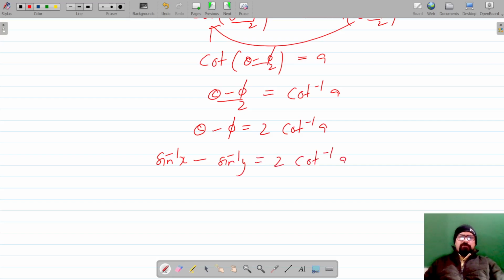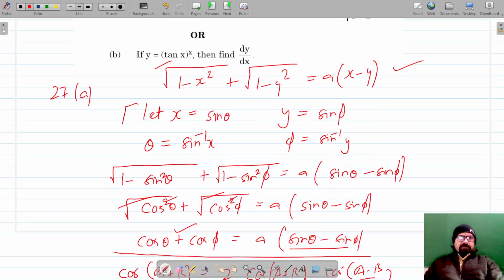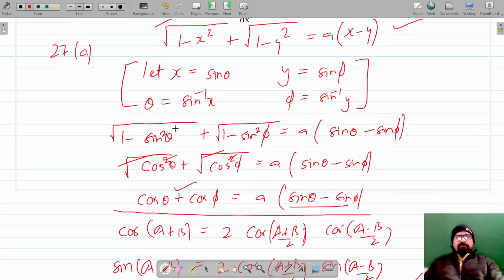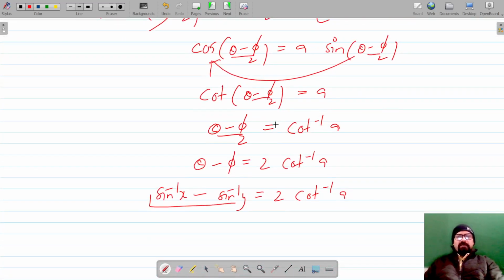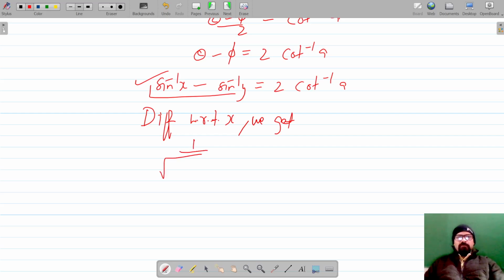So sine inverse x minus sine inverse y is equal to 2 cot inverse a. We got these values from the first step, where we assumed x is equal to sine theta and y is equal to sine phi. Differentiating this with respect to x: differentiation of sine inverse x is 1 upon root of 1 minus x squared. Similarly, the differentiation of sine inverse y is 1 upon under root 1 minus y squared into dy by dx.